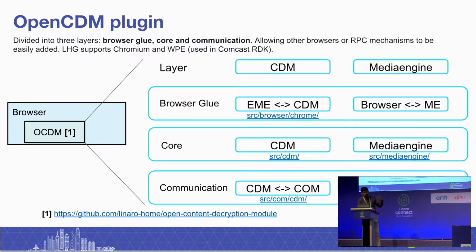CDM has the core implementation of the CDM session, and the media engine has the media data related implementation. Next is the communication layer. The EME calls from CDM are routed to CDMi using this communication layer, and this is done using the RPC interfaces of the native OS.